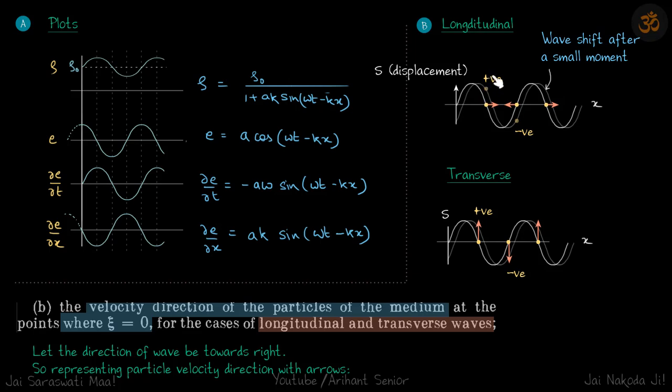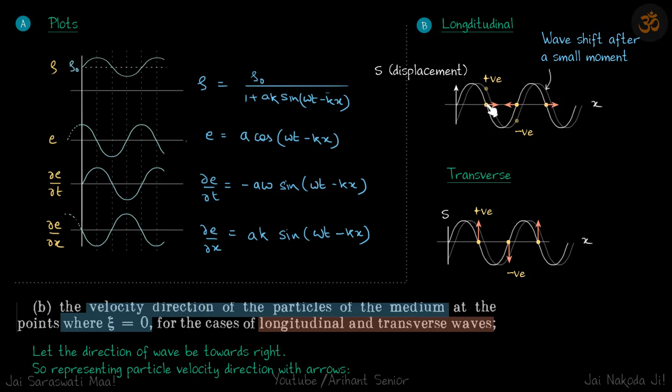You can see this is initially the wave, and then with time it will move a little bit towards right. This transparent line is the wave just momentarily after, because the wave is moving towards right. We need to find the direction of the particles of the medium when E is equal to 0, basically at this point and this point where E is 0.